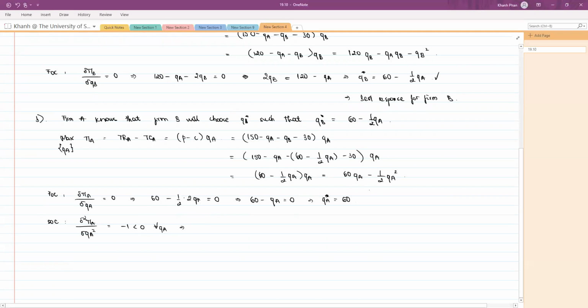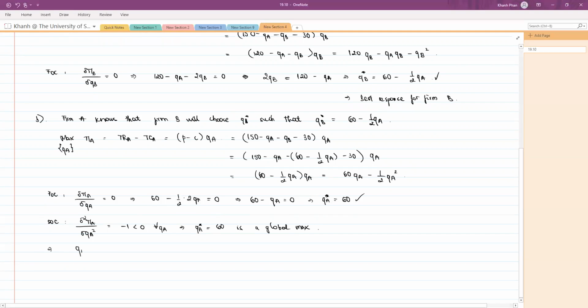So I know that the stationary point I found, QA star equal to 60, is basically a global maximum.